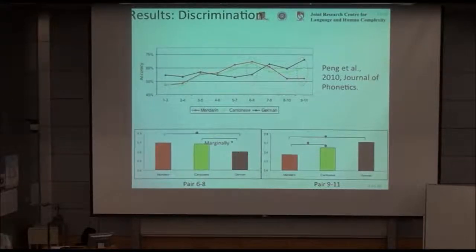Then we are thinking more: do the Mandarin group and the Cantonese group really deal with this tone contrast, I mean high level versus high rising, we ignore the low rising one for Cantonese, in the same way? So we know behaviorally we cannot tell the difference.